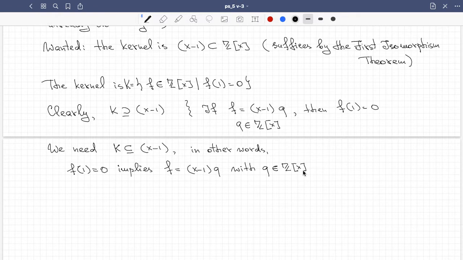Now we can apply the remainder theorem, that is theorem 415 in the book.